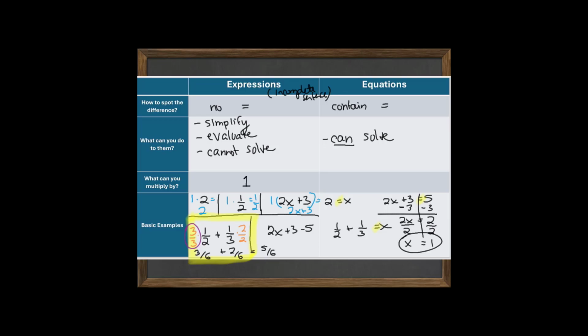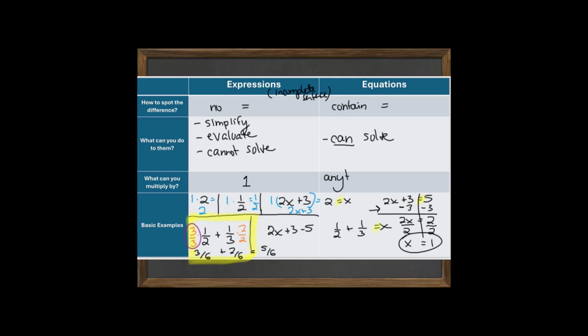Okay, so let's think about what we just did. We subtracted 3 from both sides. We couldn't do that with an expression. We can't subtract 3. And then we divided by 2, or if you want to think about it, we multiplied by 1/2. So remember, with equations, you can literally do anything you want to the equation as long as you do it to both sides. So when I say, what can you multiply it by?